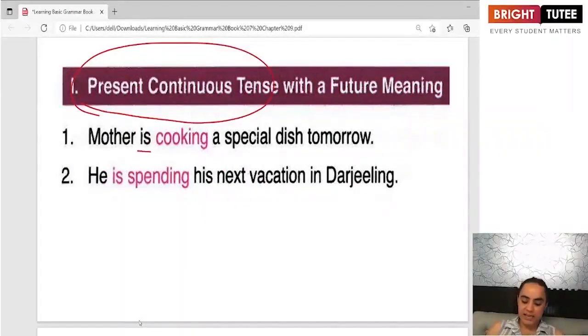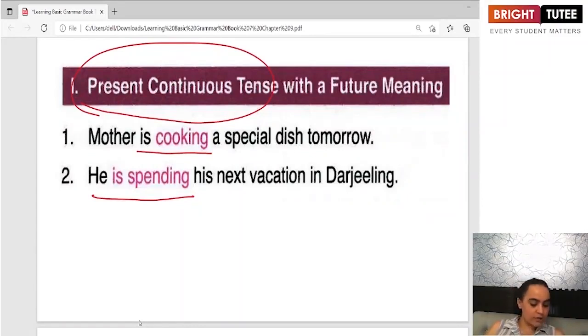We can even say is cooking, is spending, am visiting, am learning, am doing. So at times, rather than using the future continuous tense, we use the present continuous tense to talk about something that will take place in the future.